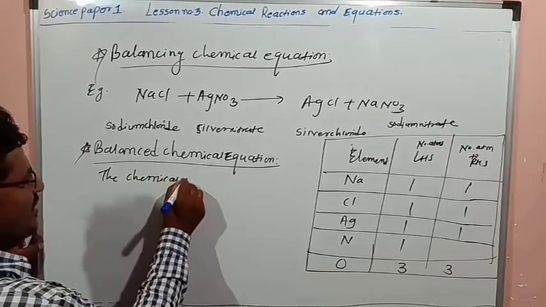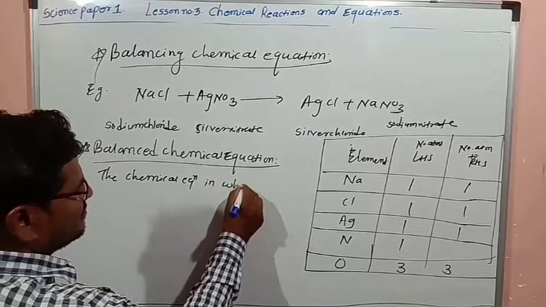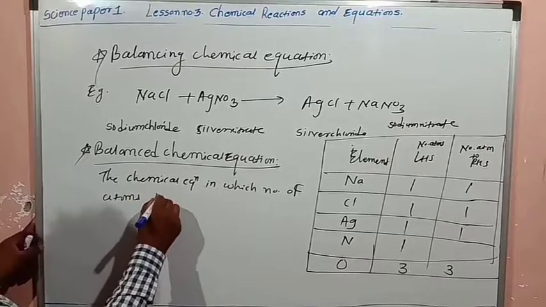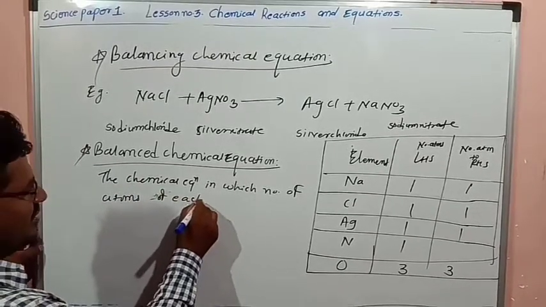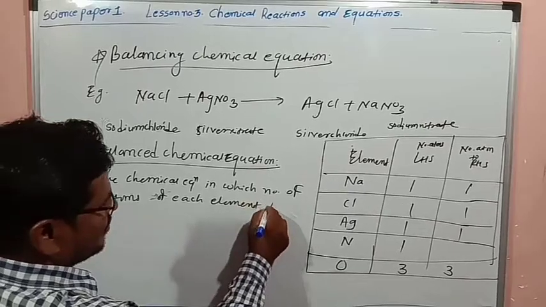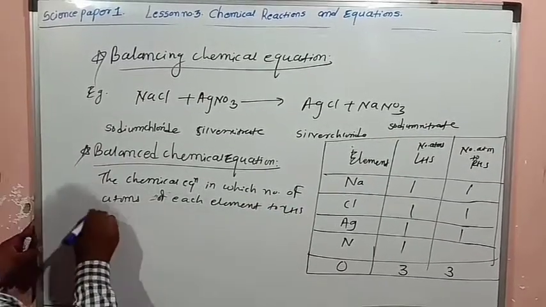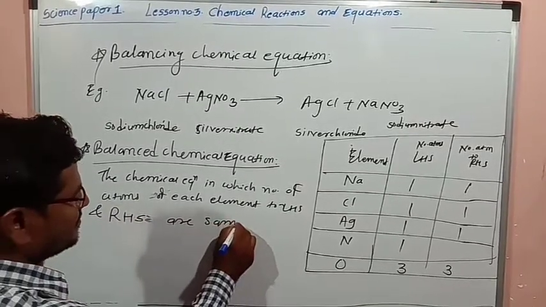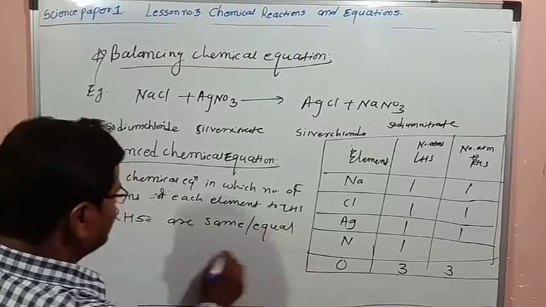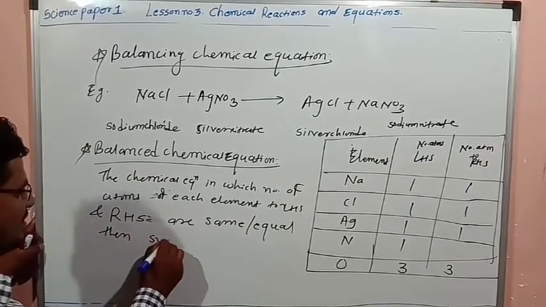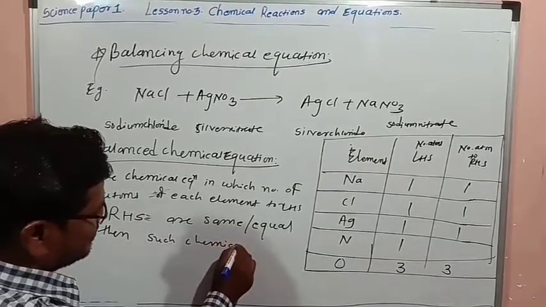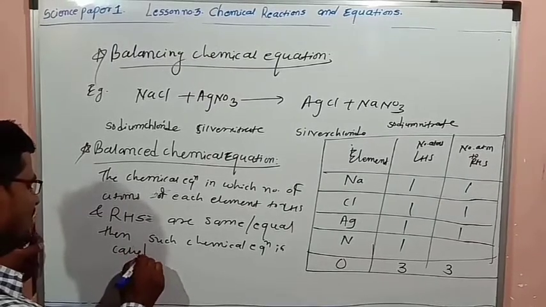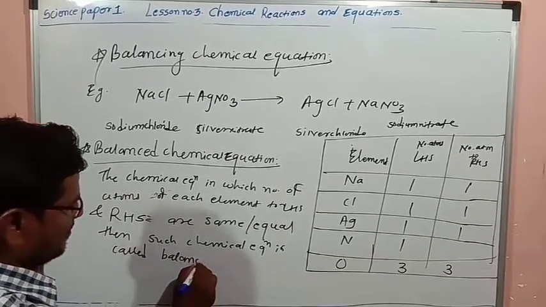The chemical equation in which the number of atoms of each element to the LHS and RHS are same or equal, then such chemical equation is called balanced chemical equation.